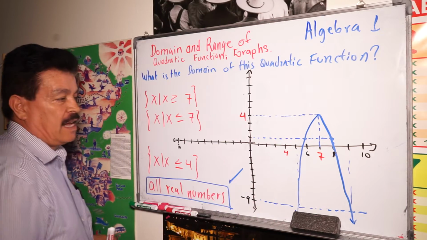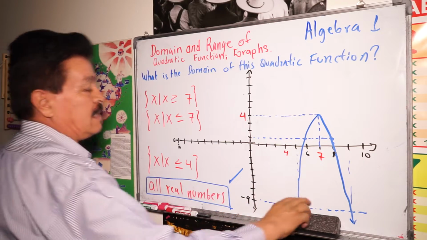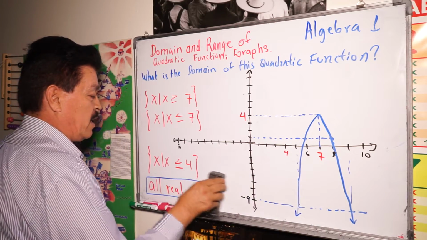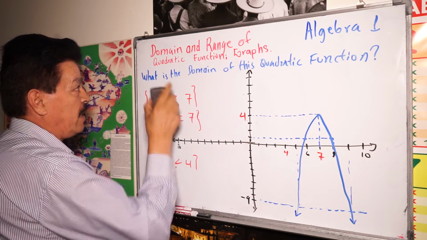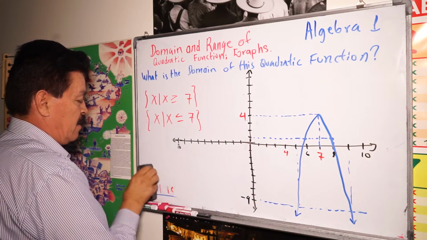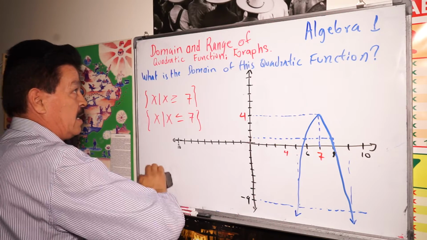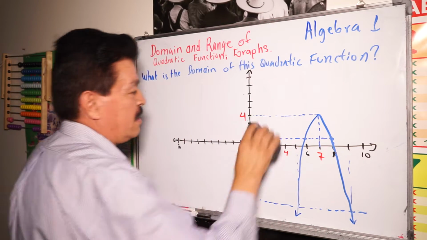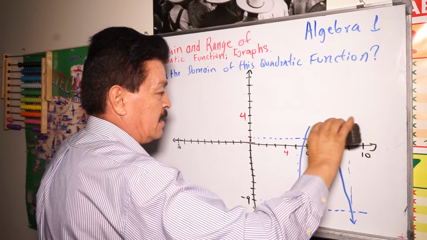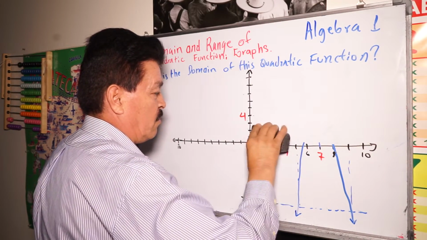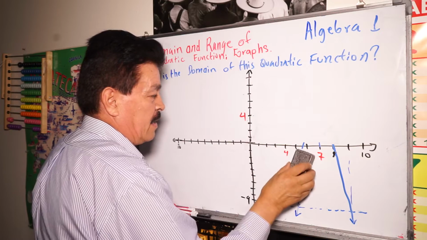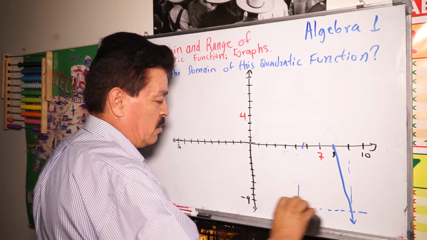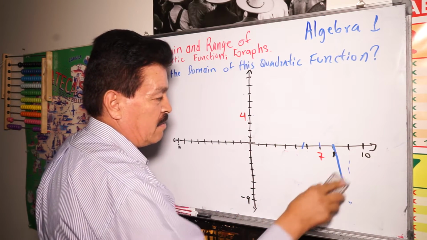This is the answer. Okay, let's do another one, because we're talking about the domain and range of a quadratic function graph. It's not hard, it's easy. Don't get confused. Take a look. Let me grab another graph.